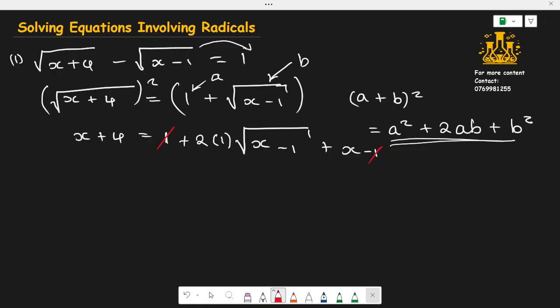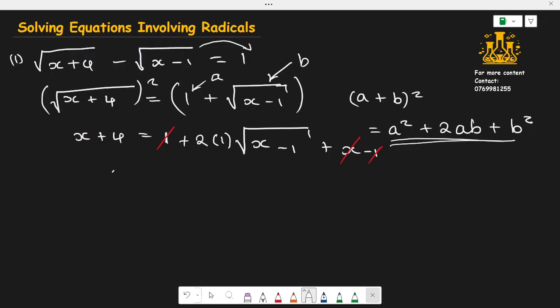And actually, if I were to move this x to the other side, you would find that it would be a negative. So that means that if we had x plus 4 minus x, these two x's would cancel. So we can safely say this x and this x are cancelling out.